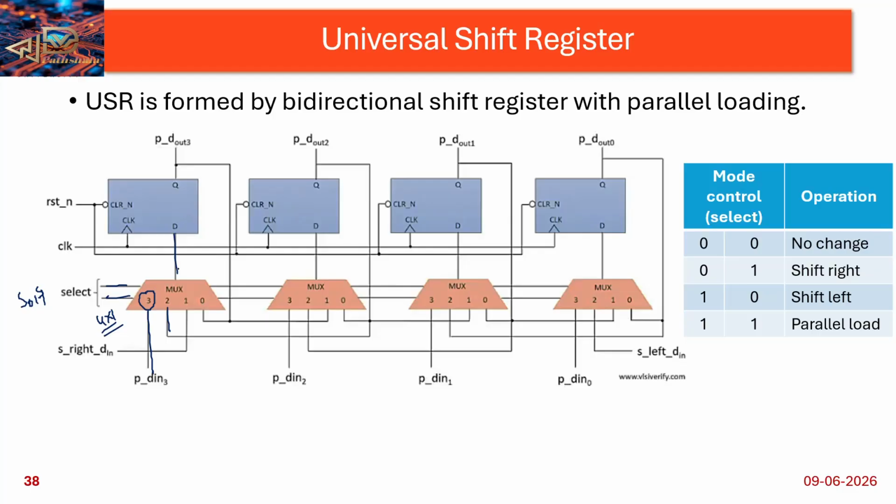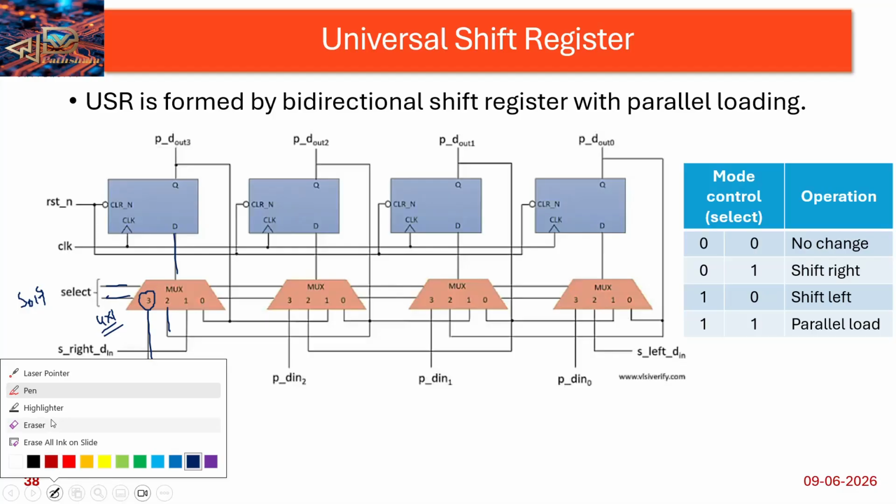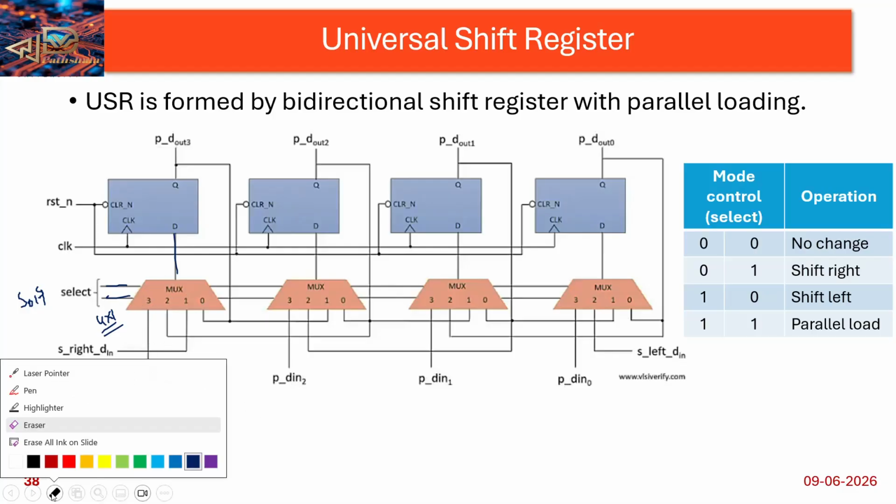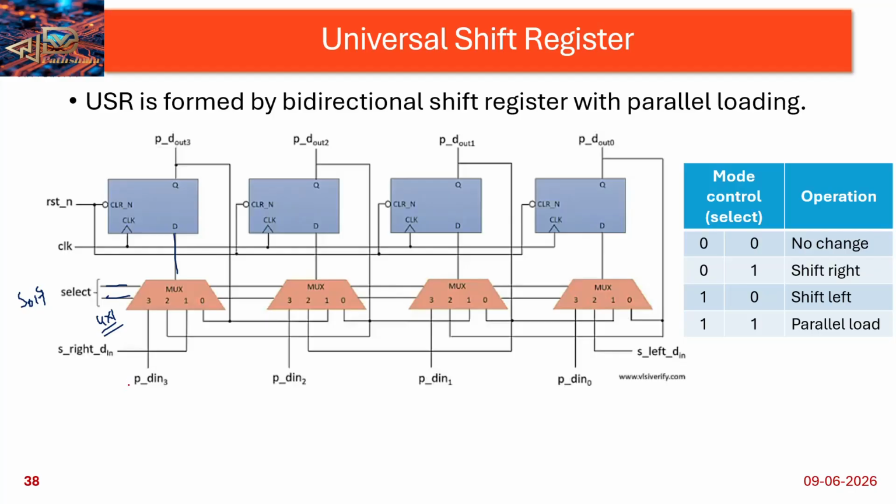What is it doing? See, initially whatever the data I am giving, D in 3, D in 2, D in 1, and D in 0, that is connected to the mux third pin. That means the select lines both are 1 1. What is it doing? Parallel load operation.